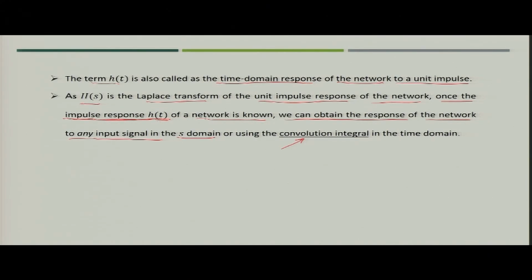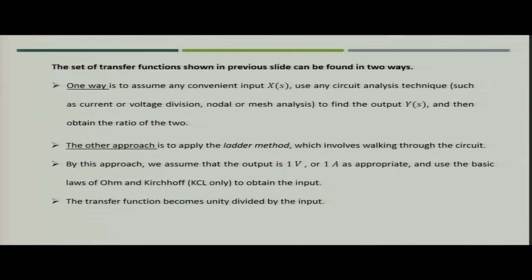So, before going into that detail, let us try to understand what the various approaches are to find the output response with the help of transfer functions. So, basically we have two ways to process the information and find the output response. So, the first method is that let us assume that we have one convenient input.